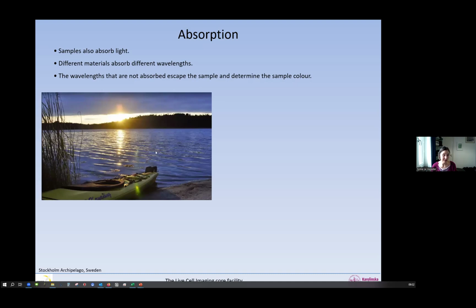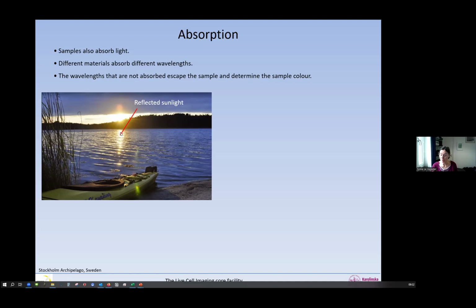So, for example, in here in the Swedish archipelago, we have the sunlight, and what we can see in here is the reflected sunlight. So the reflected sunlight has the same color as the sun. It's yellow, or white yellow, and that is because it has not gone through the water. It is bouncing on the water, and so what we're seeing is the same light that comes from here.